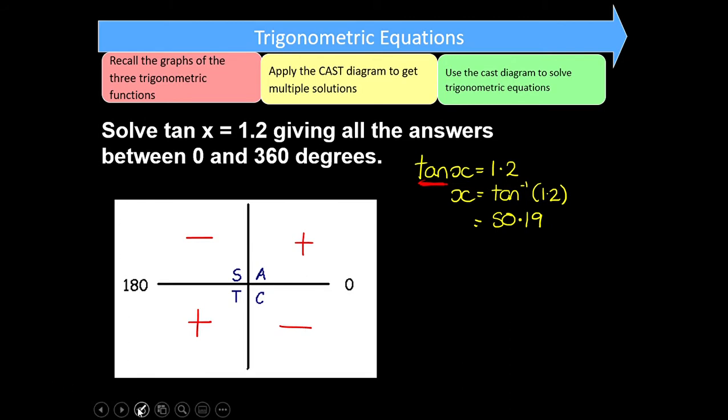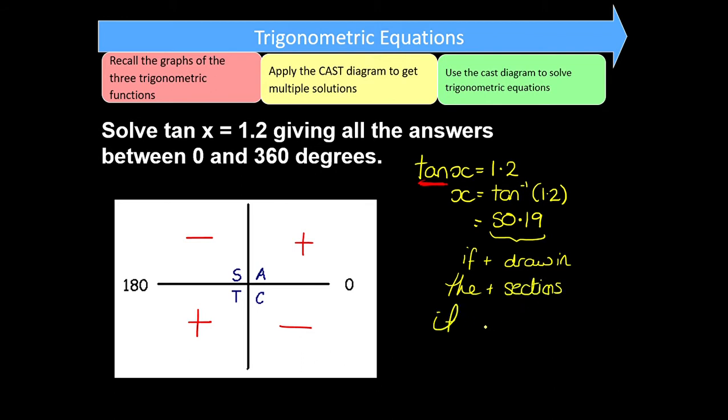The next thing I look at is I need to know which section I'm drawing it in. So I look at the angle. If this is positive, draw in the plus sections. If negative, you're going to draw it in the negative sections.